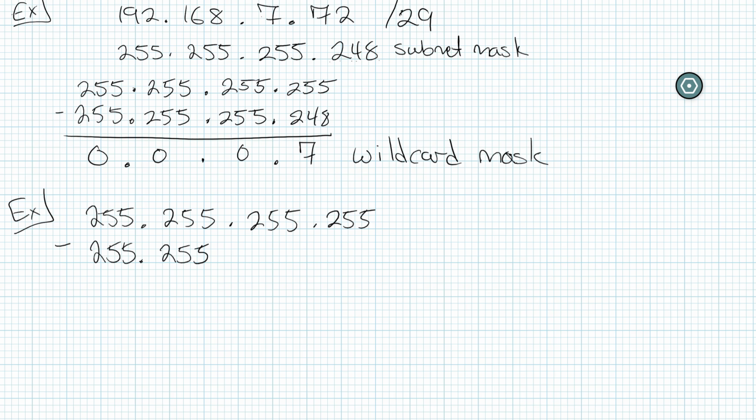255.255. And then I know that at this point, I have 16 bits. So I'm going to get 17. Oops, sorry. These are going to need to be network bits. 17, 18, 19, 20, 21, 22. Finish off the 8 bits. And then the remainder of this subnet mask would be zeros. So what we know is that we have now 1, 1, 1, 1, 1, 1.